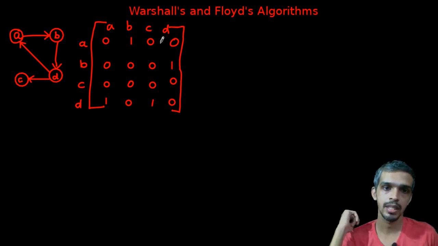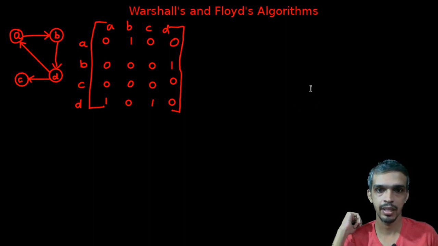Reachability can be constructed by calculating transitive closure of the digraph. So by calculating transitive closure of this digraph, you can find out reachability or whether there exists a path between two vertices. So we start from the definition of transitive closure of a directed graph.